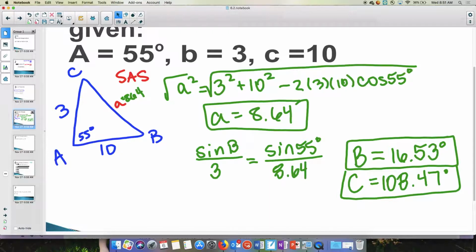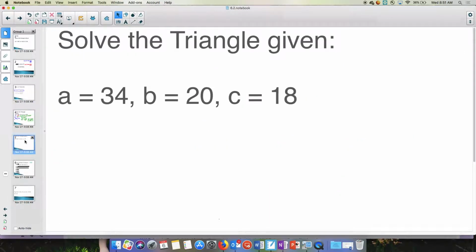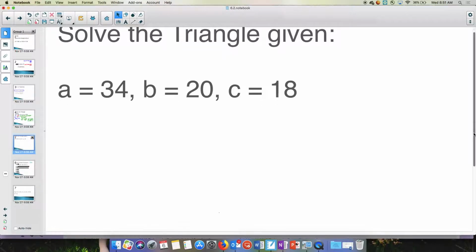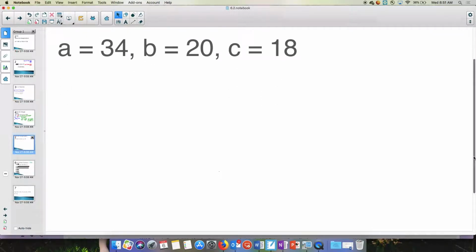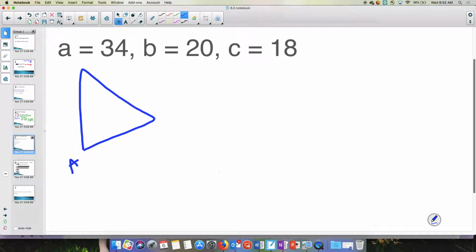Okay. Let's try side, side, side. Side, side, side.